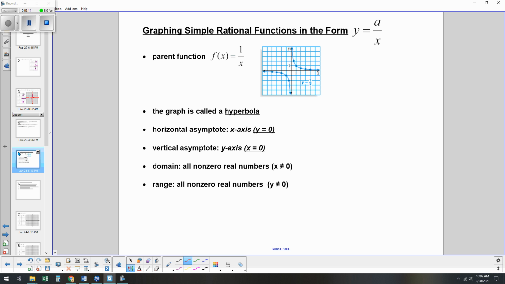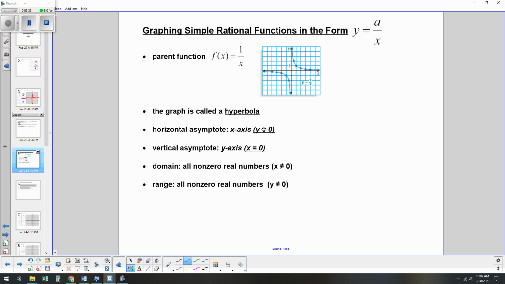So here are some steps for what we're going to do. We have our parent function, right? That's the one we just graphed. This graph is actually called a hyperbola. So we know that a graph that looks like a U was called a parabola. This is a hyperbola. Then we have two asymptotes always. We have a horizontal asymptote, the one that goes left and right.